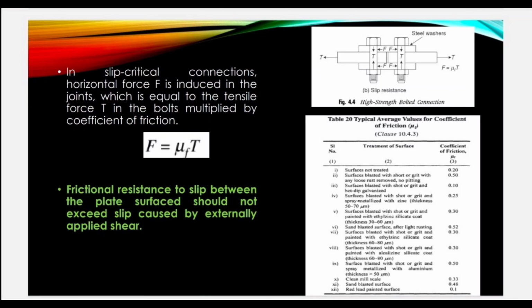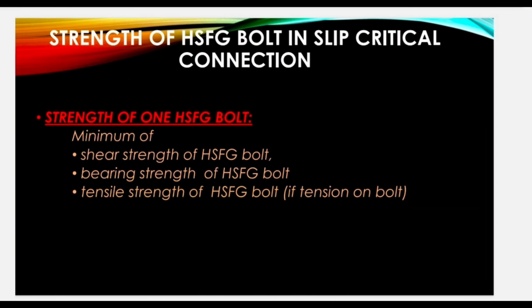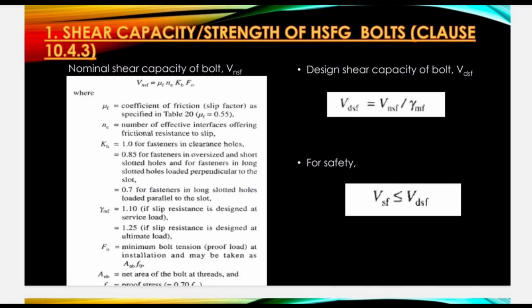The strength of the HSFG bolt in slip critical connections is also the minimum of the shear strength, bearing strength and tensile strength of the bolt. For the shear capacity and strength of the HSFG bolt, I can show some formulas you can write down. There is also a reduction factor for the shear strength of HSFG bolts.